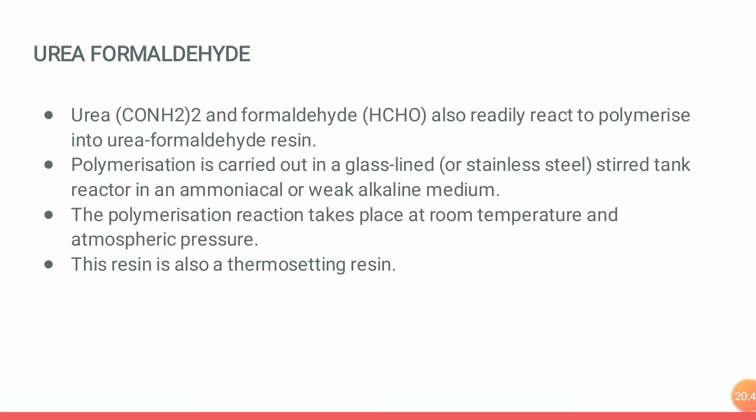Now we see the next type, the urea formaldehyde resins. Urea and formaldehyde also readily react to polymerize into a urea formaldehyde resin. Polymerization is carried out in a glass-lined stirred tank reactor in an ammoniacal or weak alkaline medium. The polymerization takes place at room temperature and atmospheric pressure.